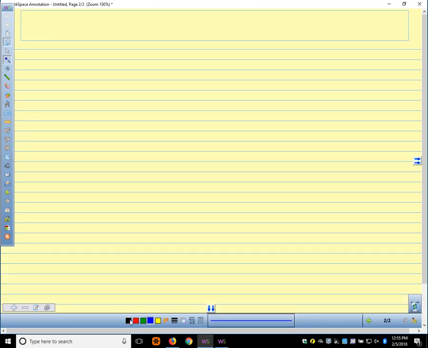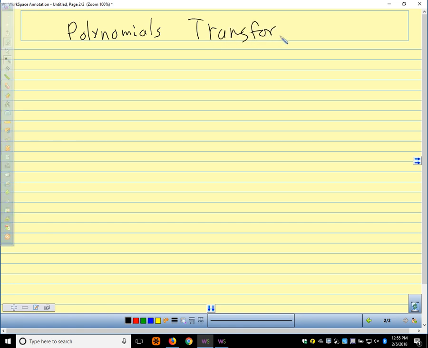All right, we're going to say that polynomials transform like we expect. This is just a big picture idea. Polynomials transform like we expect.